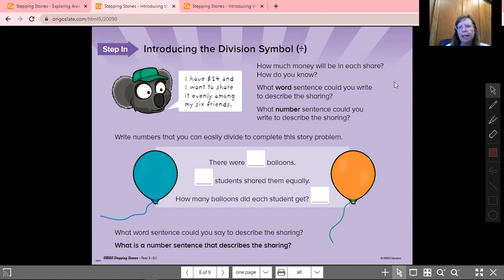How could we write that? Okay, I'm going to use my shaky pencil. We would write 24. And of course, we should put our dollar sign because that's what we're sharing. $24 divided by, here's our division sign, divided between 6 groups equals $4.